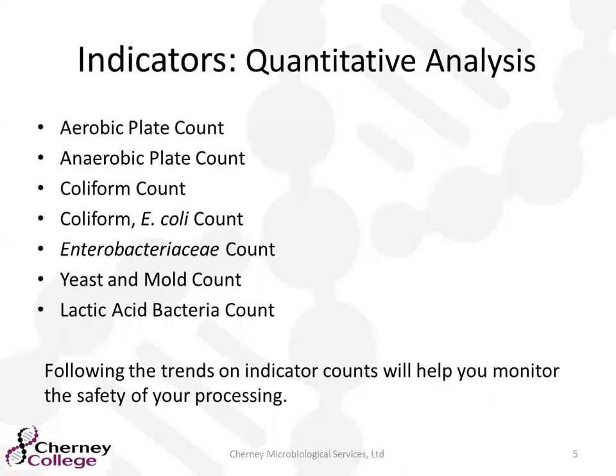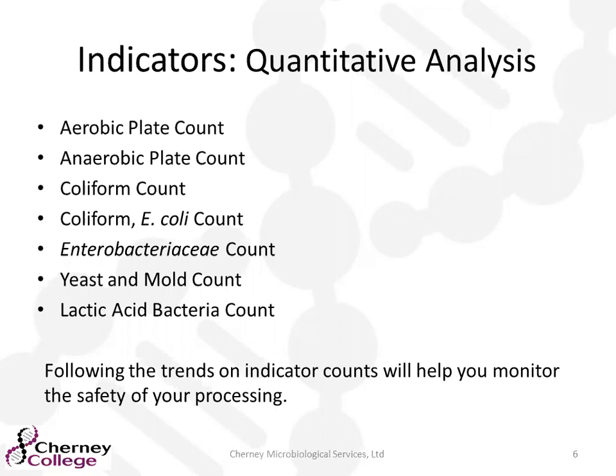So some of our most common indicators, and you may see these in your facility, either doing them yourselves or sending them out to us for testing as well. We talk about aerobic plate count, especially from clean equipment swabbing, and that overall microbial load. Most of the bacteria that are present are going to grow in the presence of oxygen, and that's what this aerobic plate count is looking at.